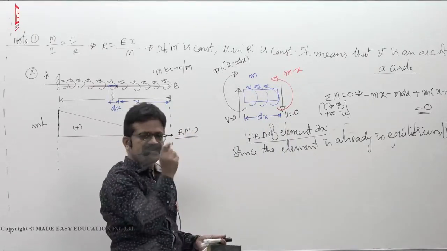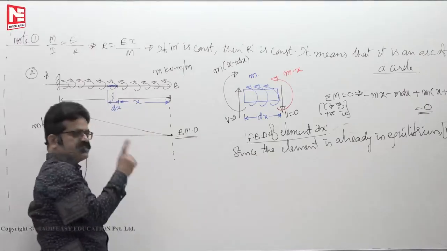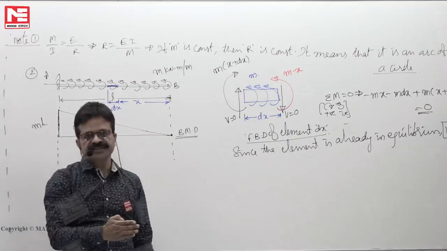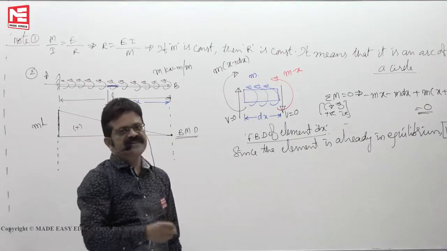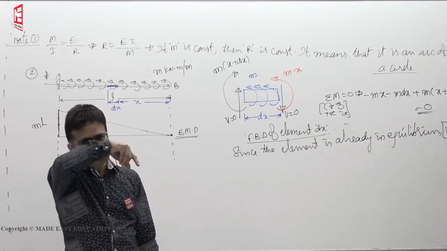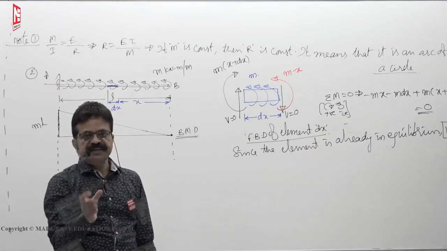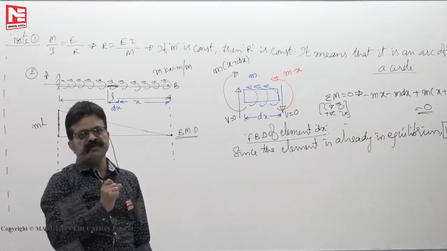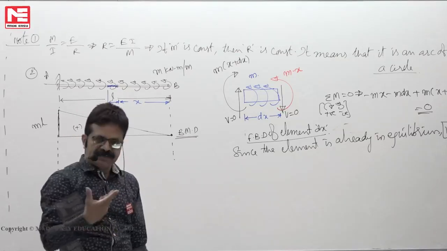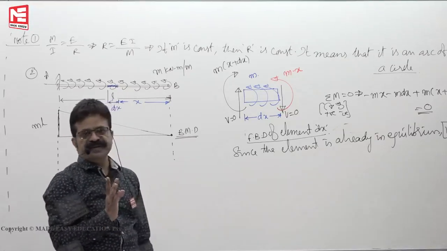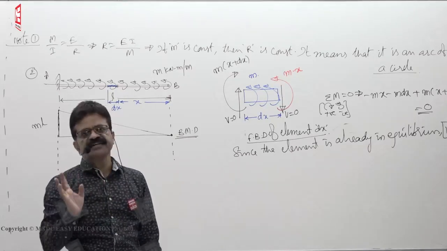Any additional couple is not required. So once the shear force is 0 in a cross section in a beam, it means that it is a pure bending moment case. An element subjected to only bending moment is called pure bending moment. Whether the bending moment is constant or varying, we don't want to worry whether shear is there or not.